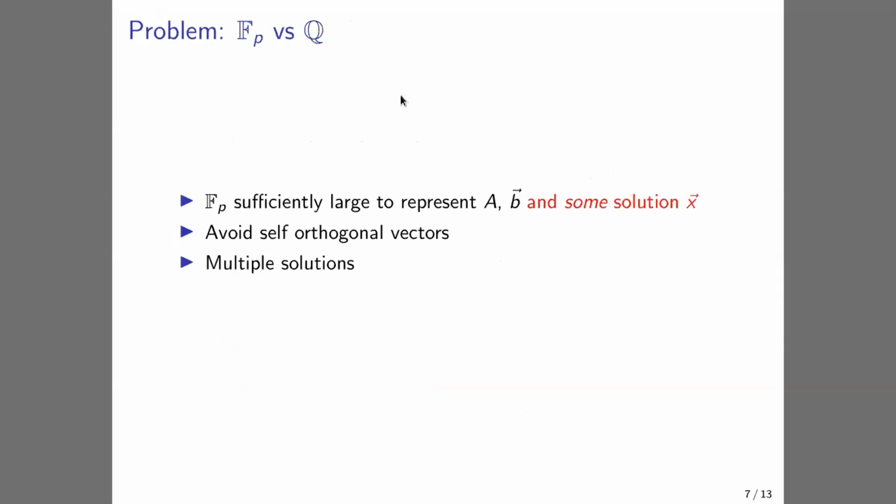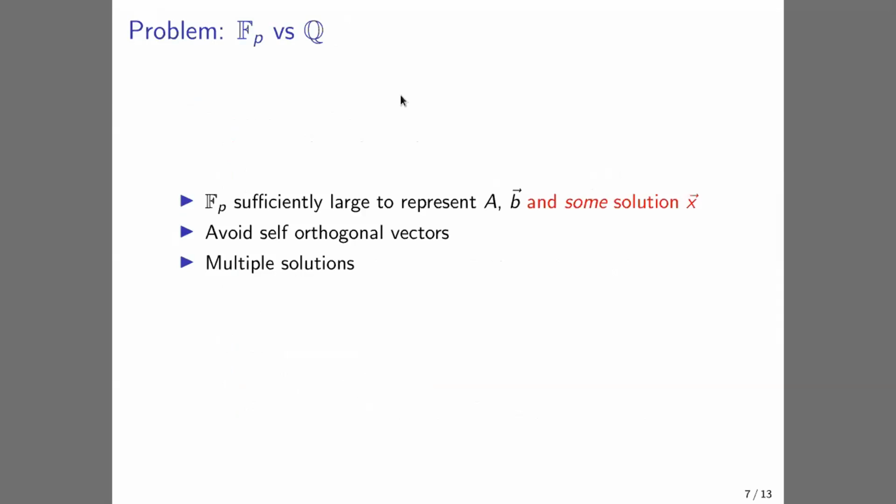So in this talk, I do not want to give you a full description of our protocol, but instead I would like to dig a bit deeper into this problem that I mentioned a couple times already of computation over a finite field with results that should be meaningful over the rational numbers, or let's say for real purposes.